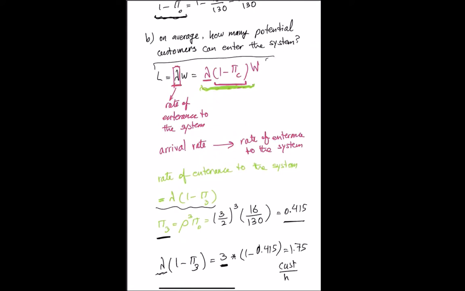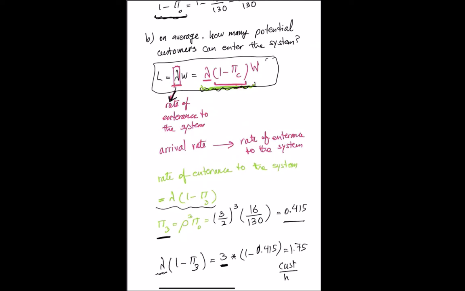Here, actually, we don't need L. I just mentioned that to remind you of the discussion that we had last Monday about the fact that the lambda that we put in all the formulas so far is actually the rate of entrance to the system. And here in the limited capacity system, the rate of entrance and the rate of arrival to the system are not equal.